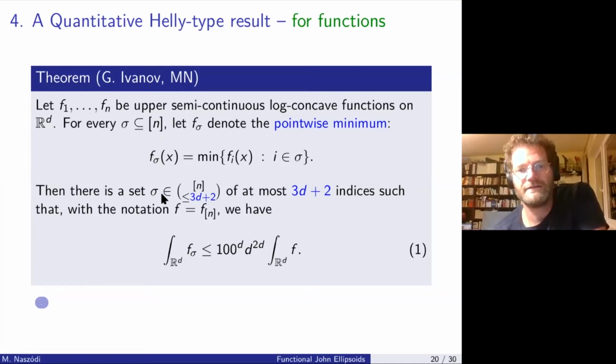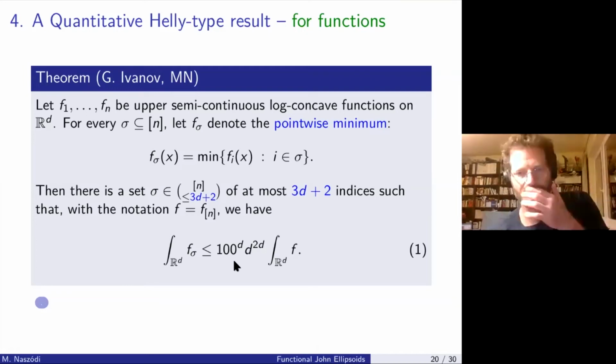Then you can choose 3D plus 2 of them, or maybe less, so that if you take only those 3D plus 2 and the pointwise minimum, then the integral is not going to be that much different from the integral of f. So there is some dimension-dependent constant here, and this d to the big O d, this is a good constant.